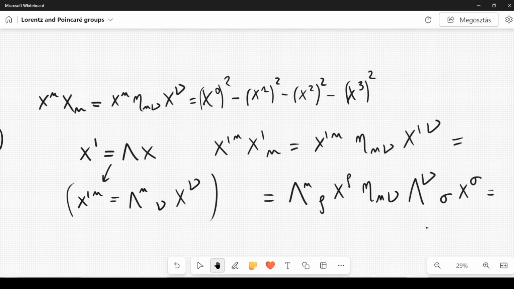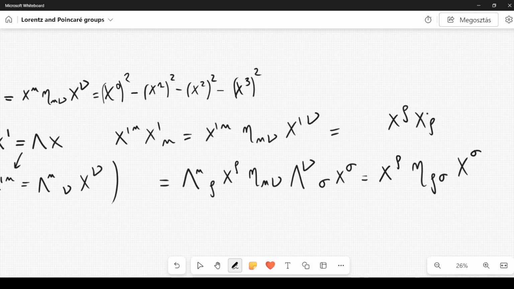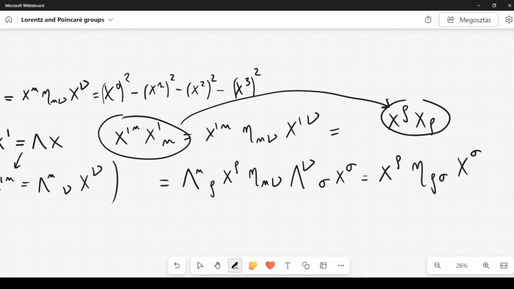Now we have to set this quantity equal to x^ρ η_ρσ x^σ, because this quantity here should be equal to x^μ η_μν x^ν, or, since these are dummy indices, x^ρ η_ρσ x^σ, which can also be written by using the metric tensor like this.